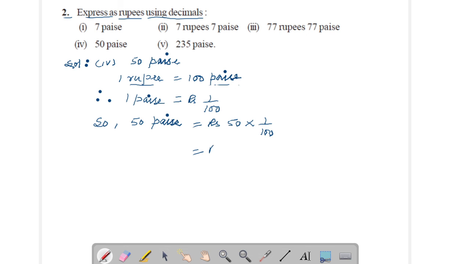Now it can be written as rupees 50 upon 100. Converted into decimal, this can be written as rupees 0.50. This is your answer.